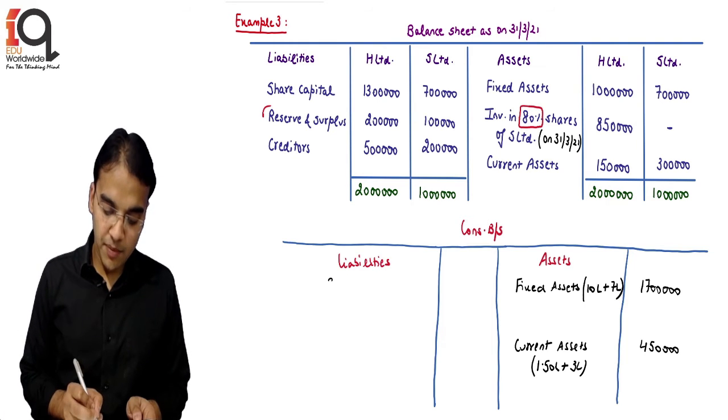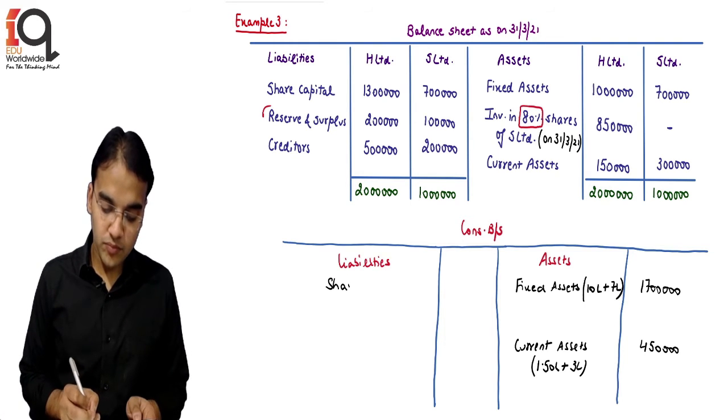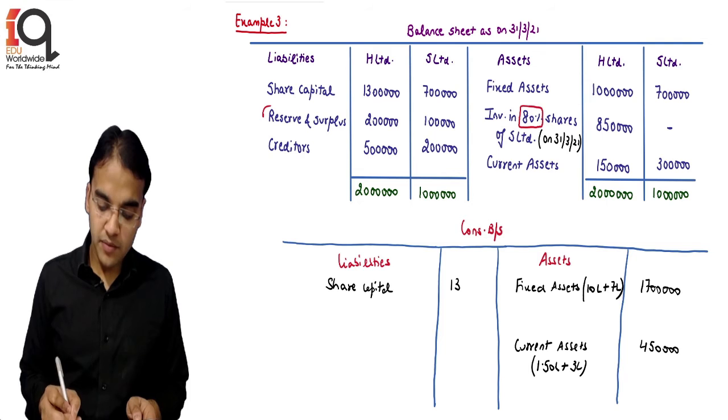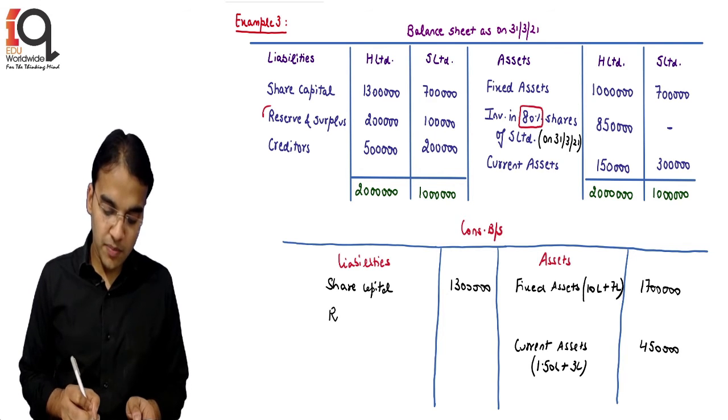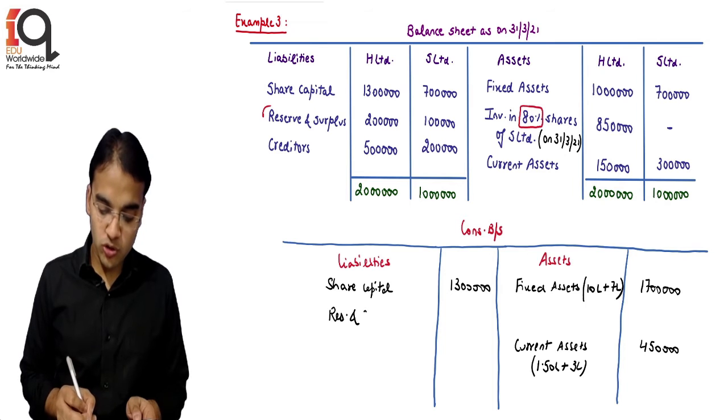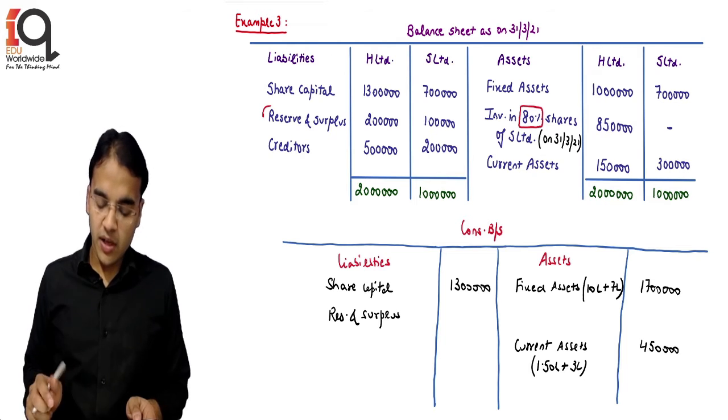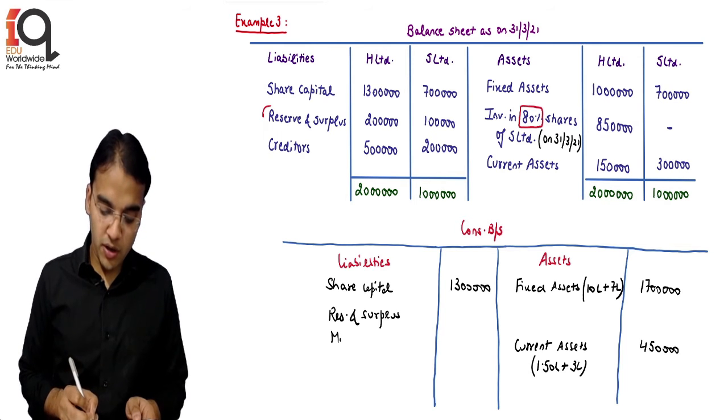Then there is a share capital. That is 13 lakh. Reserve and surplus, we don't know how much to put currently. Let's see, we are not putting. Then there will be something known as minority interest as well.